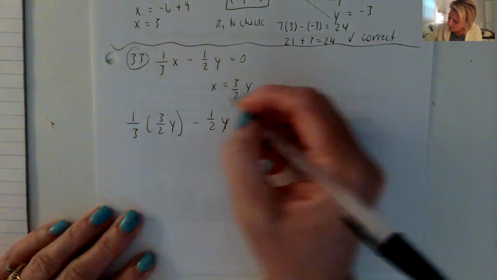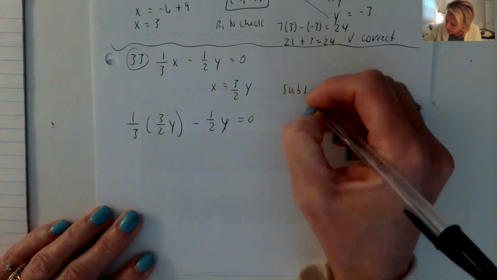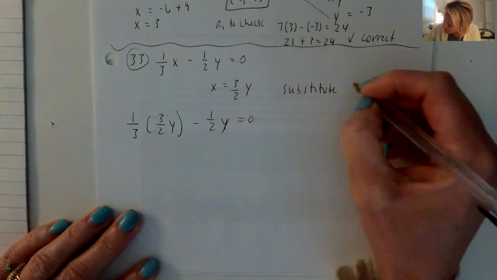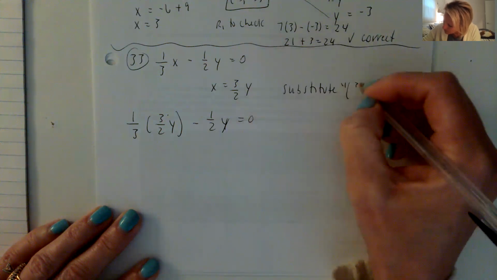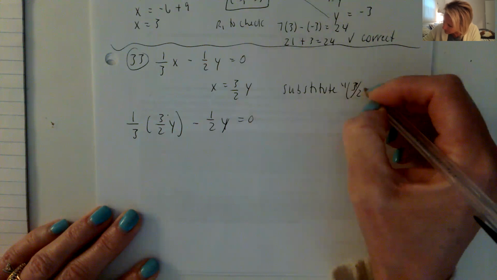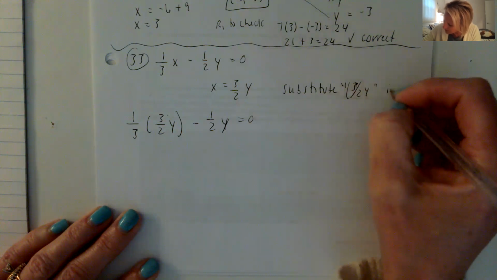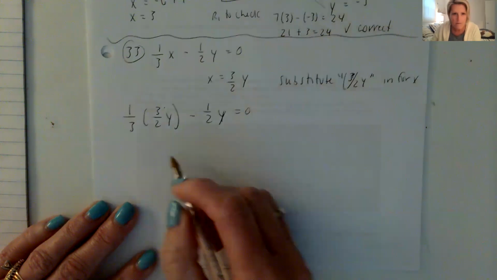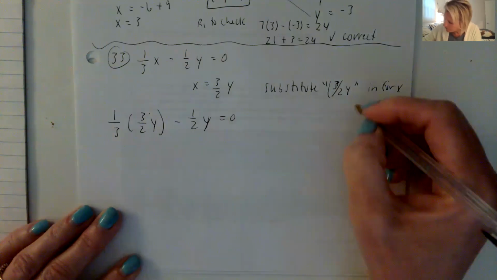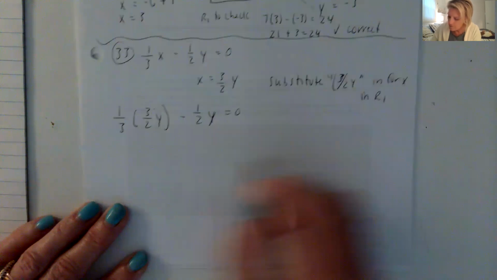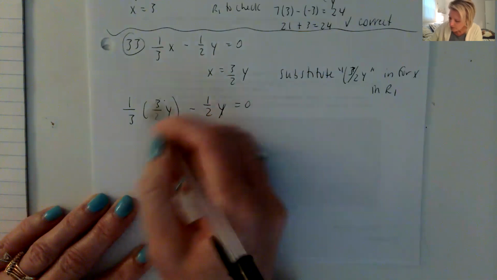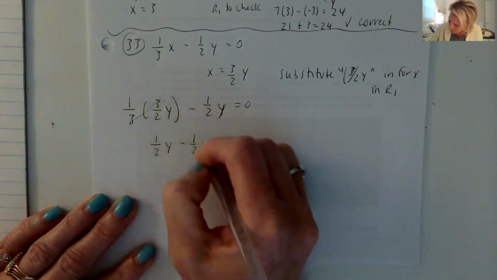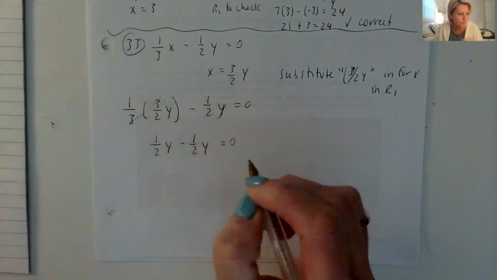So I'm substituting 3/2 y in for x into row 1. So when I do that, my 3's cancel. So I have 1/2 y minus 1/2 y equals 0.